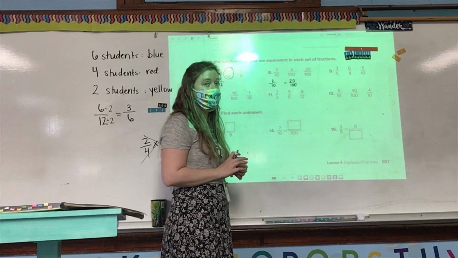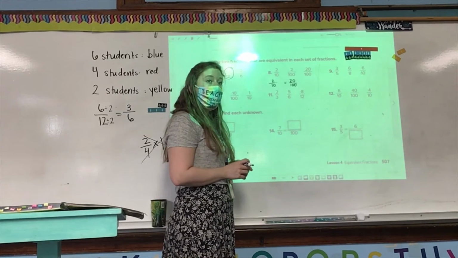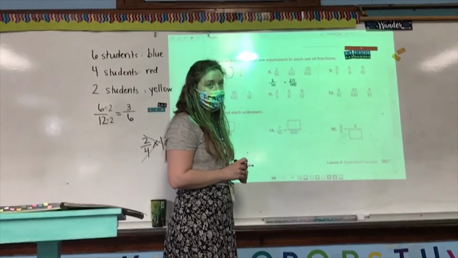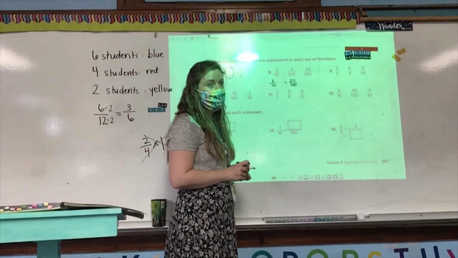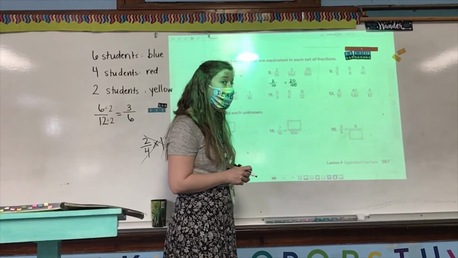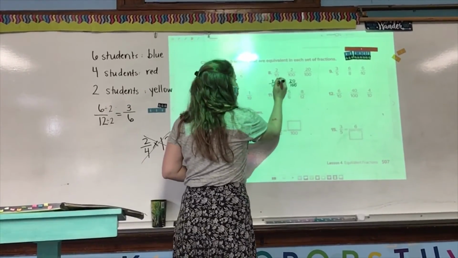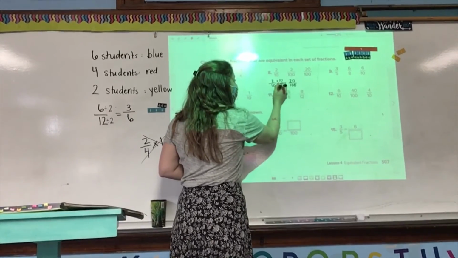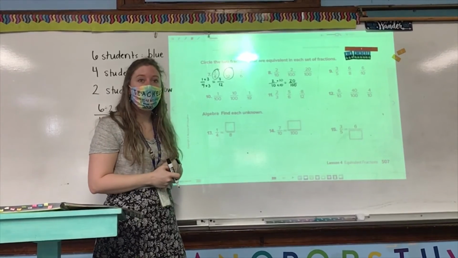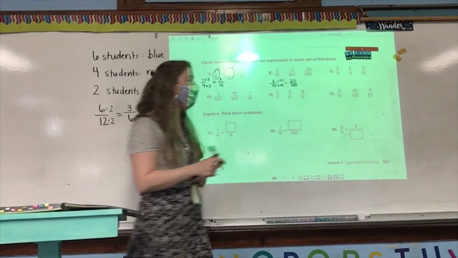You can use patterns here, but also think about your basic facts. 2 times 10. So we can multiply 2 times 10 to get 20. Is 10 times 10 100? Yes. So are those fractions equivalent? Yes.